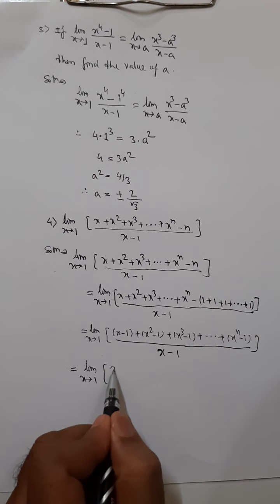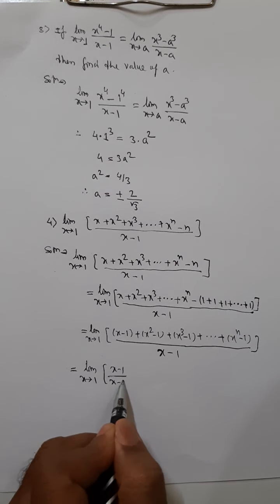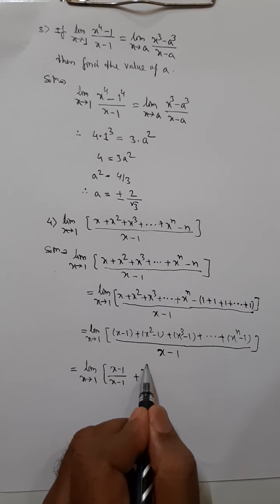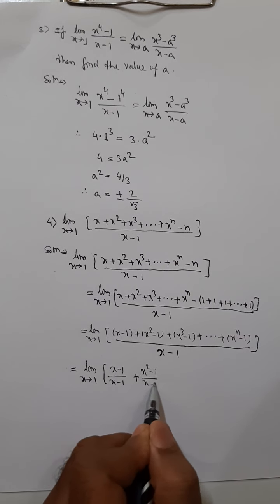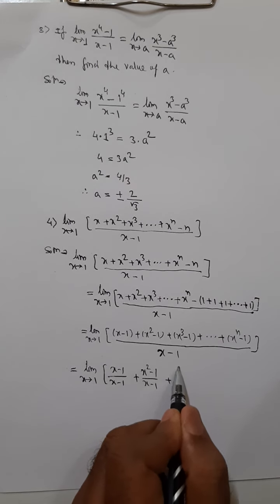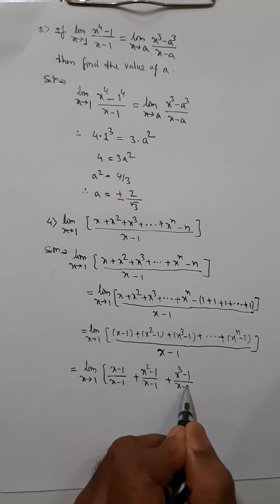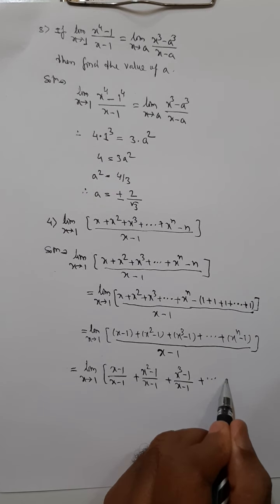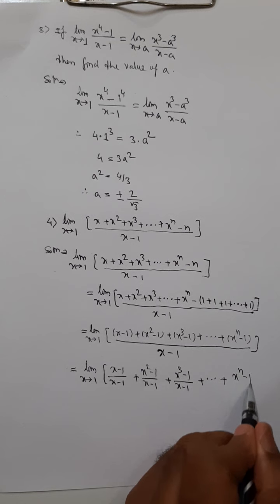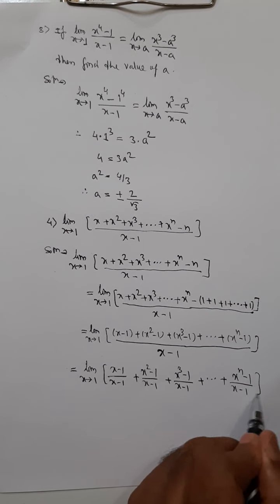Separating the numerators, we get (x minus 1) divided by (x minus 1) plus (x square minus 1) divided by (x minus 1), third term (x cube minus 1) divided by (x minus 1), continuing, (x to the power n minus 1) divided by (x minus 1).